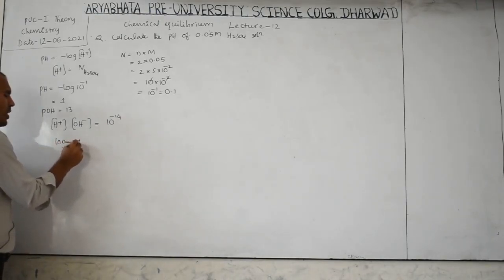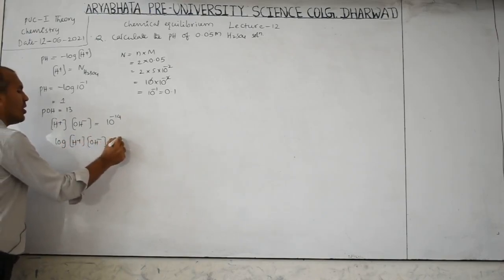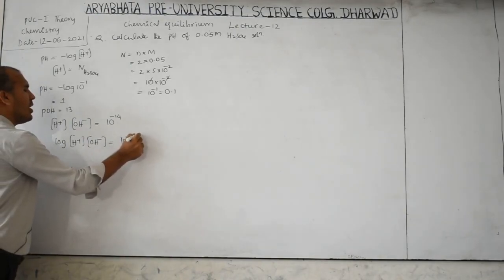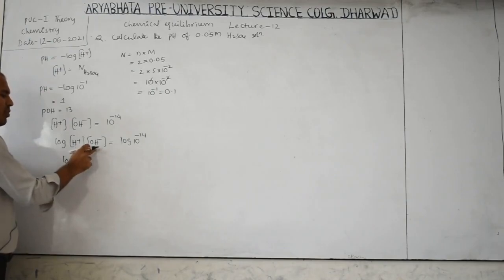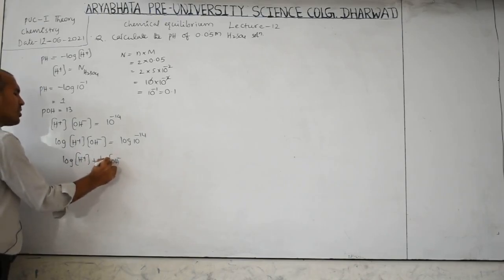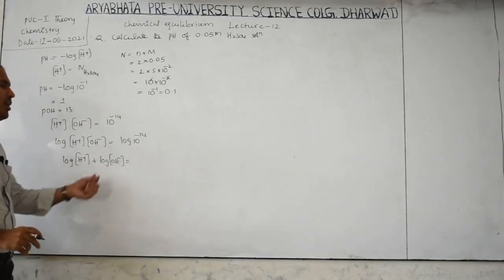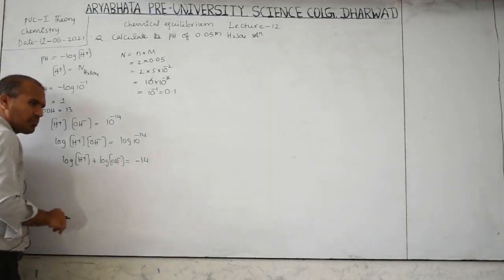Log of H plus ion concentration into OH minus ion concentration is equal to log 10 power minus 14. Now this is log A into B form, so log H plus ion concentration plus log OH minus ion concentration equals log A power x form, therefore minus 14.